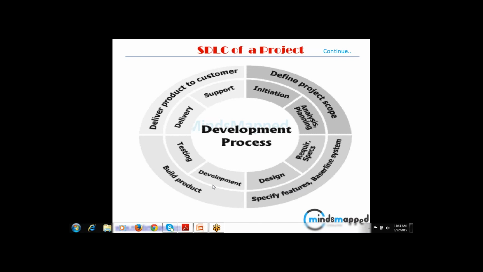Okay, in the actual development phase, you as a business analyst wouldn't be that involved, because the development team would be working on that. They would be working on developing the product.